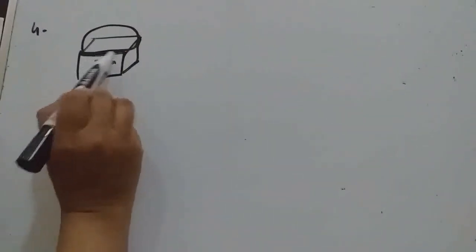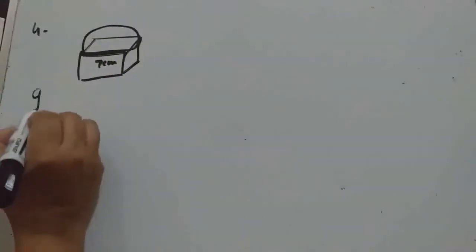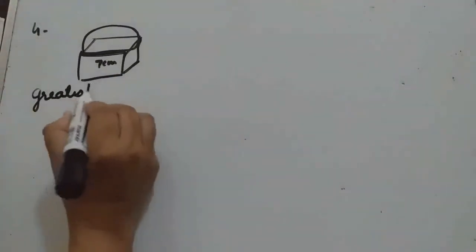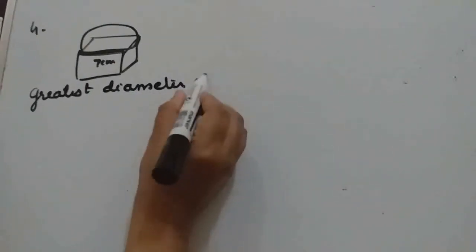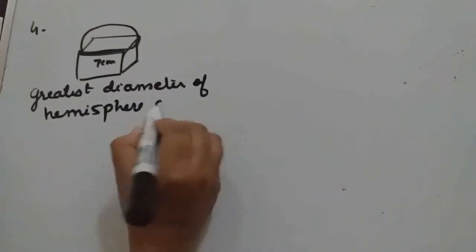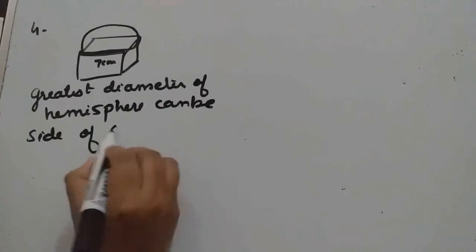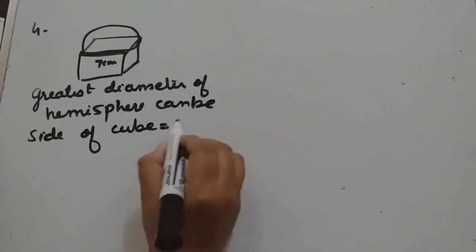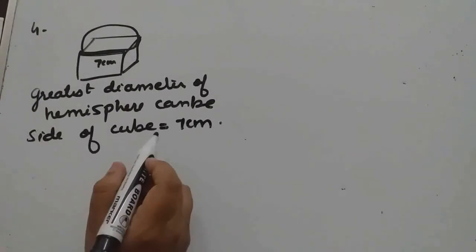It will be the side of the cube, isn't it? So the greatest diameter of the hemisphere can be the side of the cube, that is 7 centimeter.